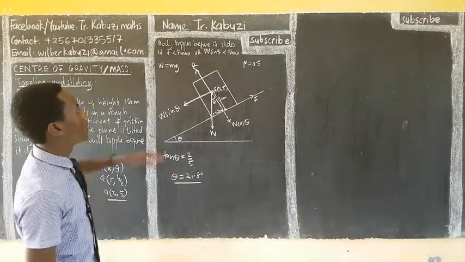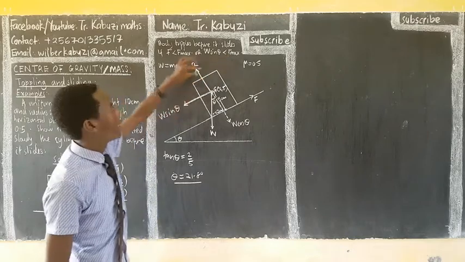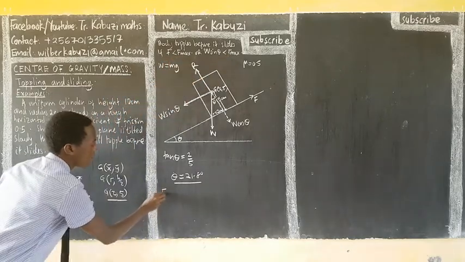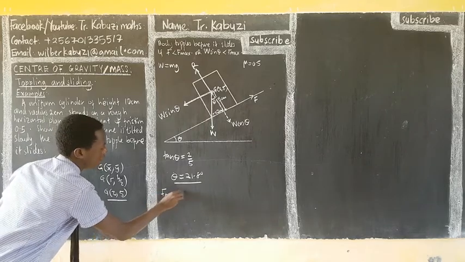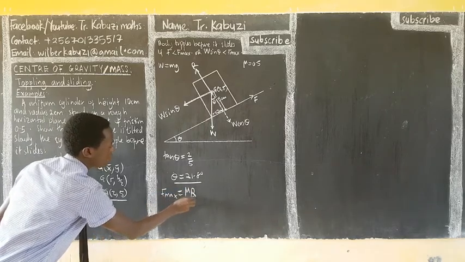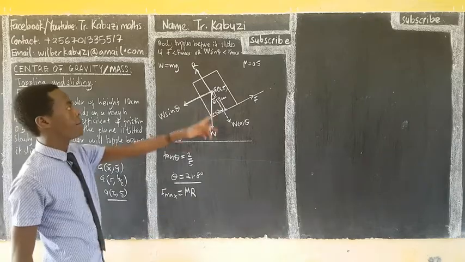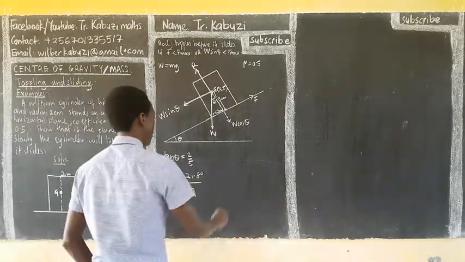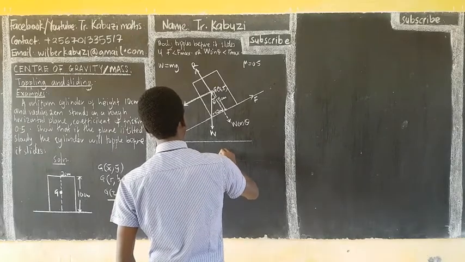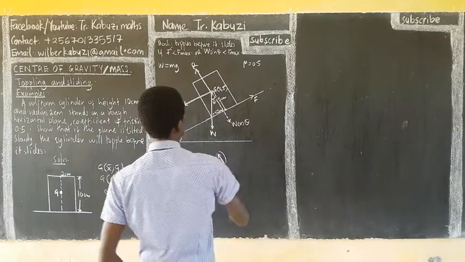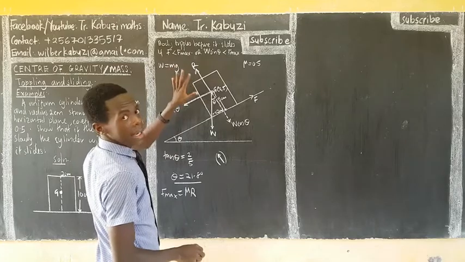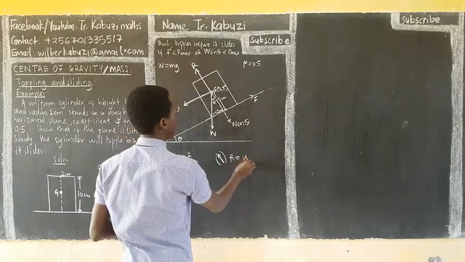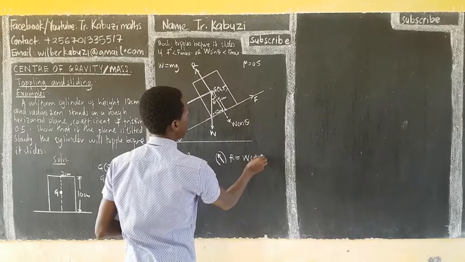Now, first of all, I need the maximum friction. To get it, F max is always equal to mu R. So I need R first, because I have mu as 0.5 from the question. Let me resolve perpendicular to the plane. Because this body is at rest, it is in equilibrium. So R is equal to W cos theta.